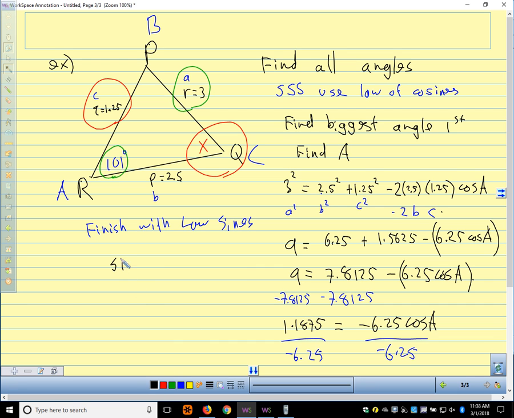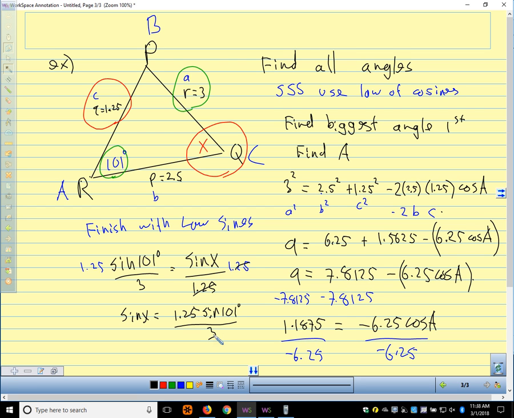So I'm going to say sine of 101 over 3 equals the sine of x over 1.25. So this looks exactly like our opener now, just with different numbers. Multiply both sides by 1.25. You could cross multiply, that will work also. Those cancel, and I get sine x equals 1.25 sine 101 divided by 3.